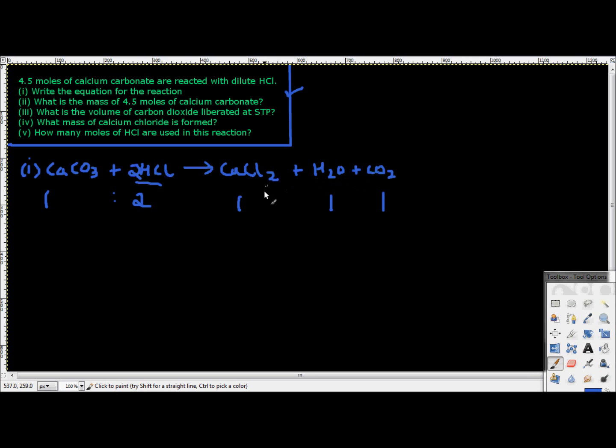That's what will happen. Now if say you double all of these, so say you provide 2 moles of CaCO3 and you provide 4 moles of HCl, then these will all be 2, 2, 2.